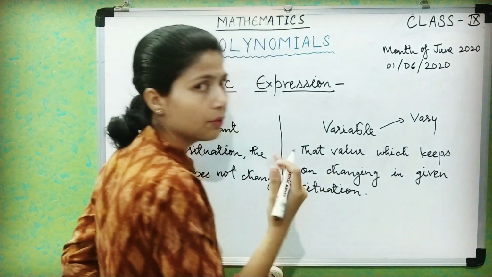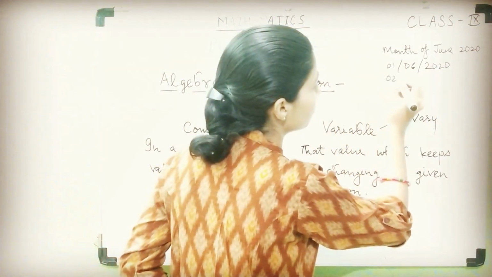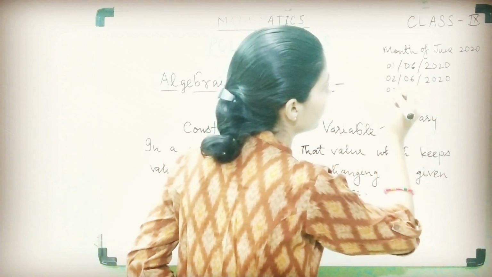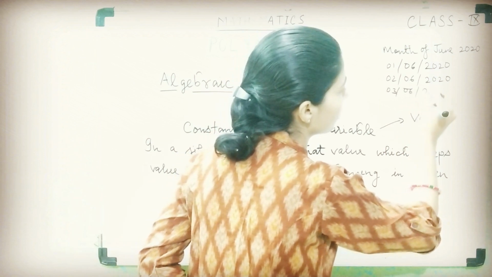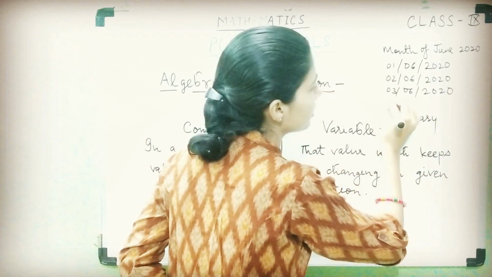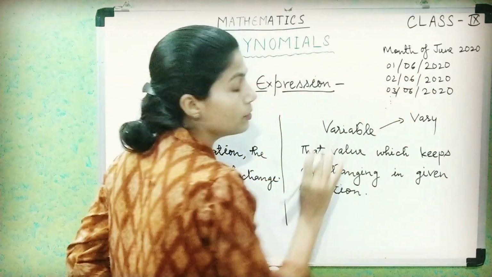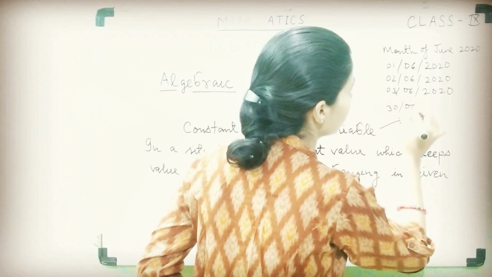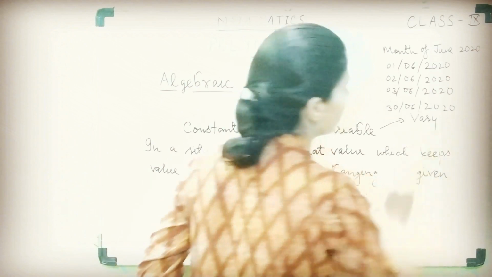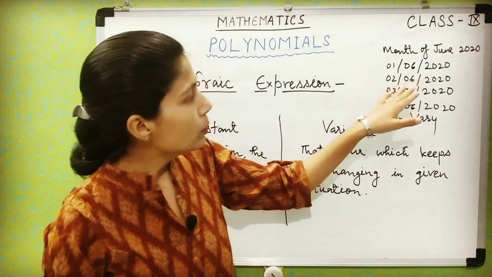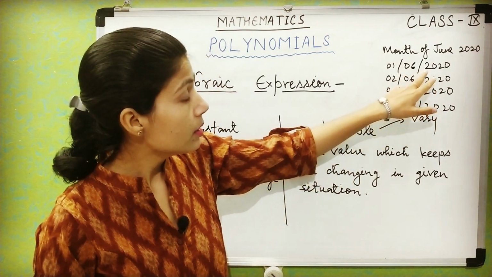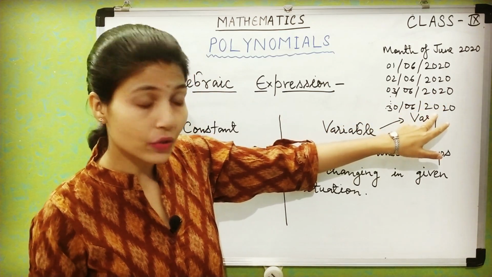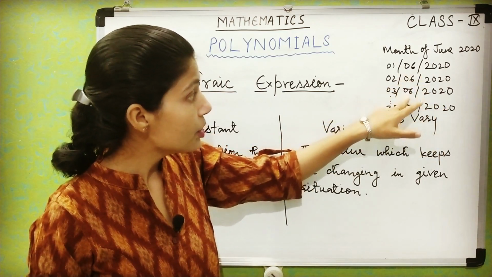Okay, next date, what will it be? 02/06/2020, like this 03/06/2020. Okay, so like this till the 30 days of June, 30/06/2020. Now see here, the values which are not changing, that is, remaining constant, like 2020: this year is not changing here, the month is not changing here.